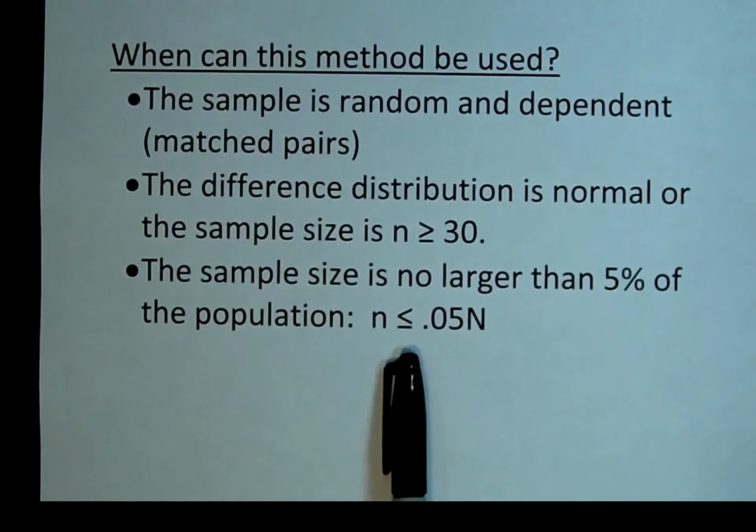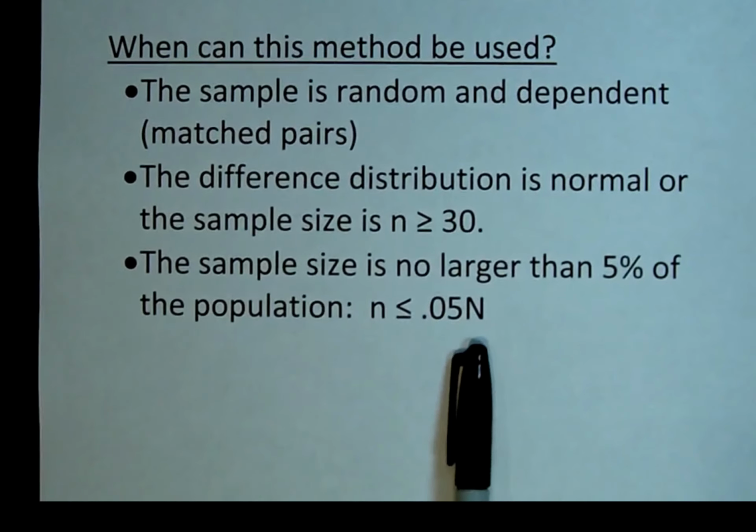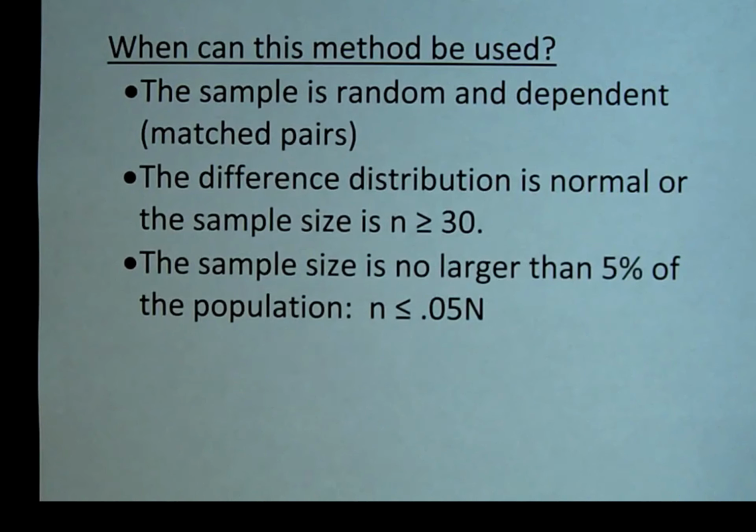So n is less than or equal to 5% of capital N, where capital N is the population size. Okay, so those are the introductory remarks and formulas we need for hypothesis testing for this type of setup. So I'll end this video here, and in the next one we'll do an example.